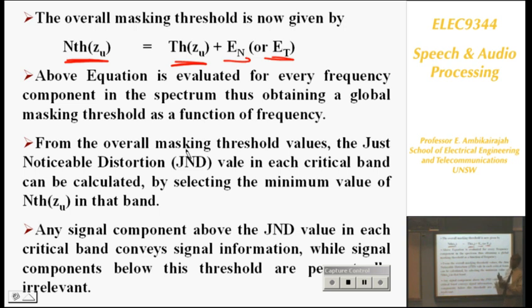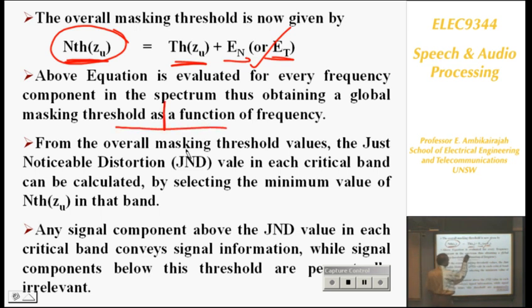So you put that value in there, add them together, and you get your overall masking level. That's what we are trying to find out, and due to all these, the masking level will be somewhere here.